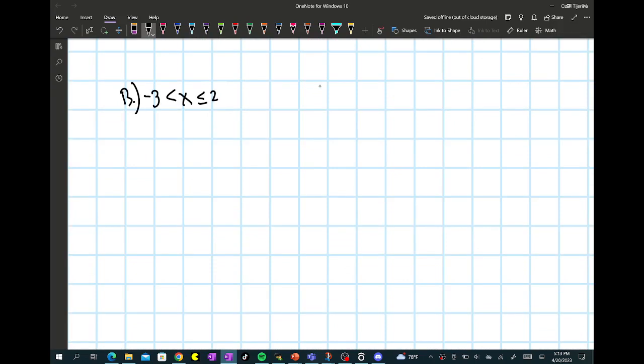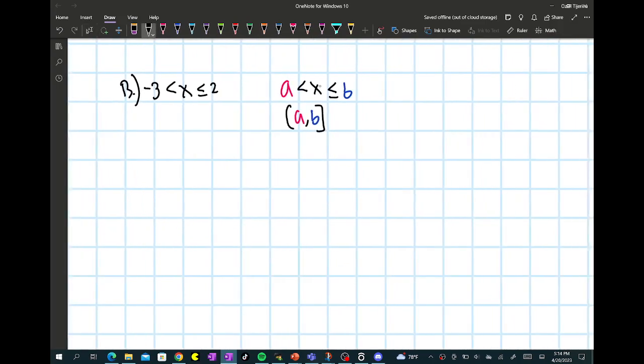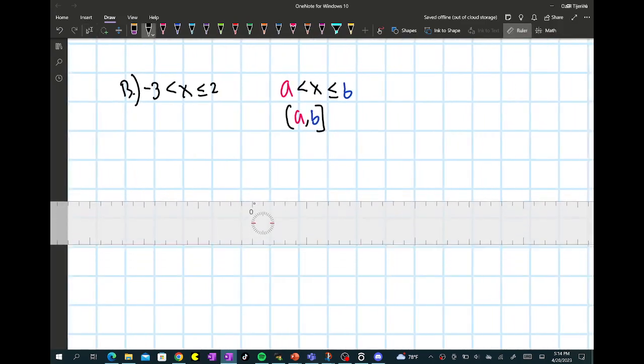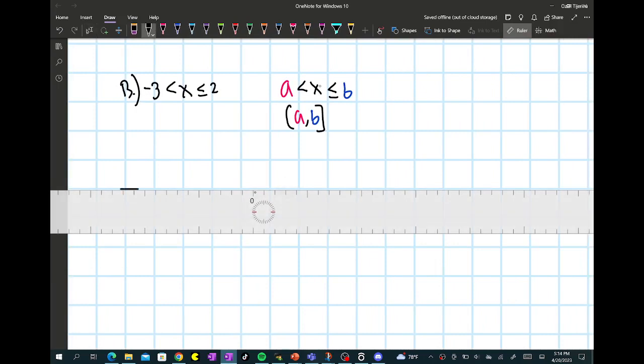And again, if we have a less than x less than or equal to b, this implies that we're going to have parentheses a, because it's less than, and then comma, and then b, and then close bracket. So basically, the way that this would look is the following.